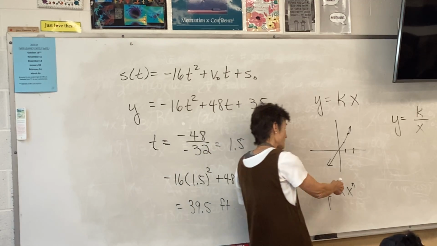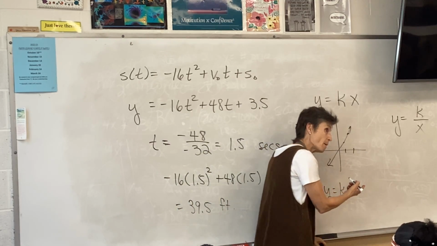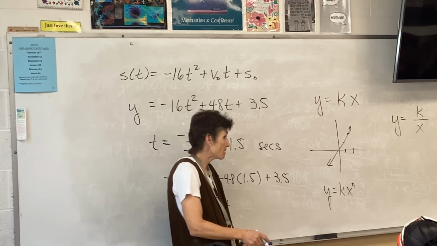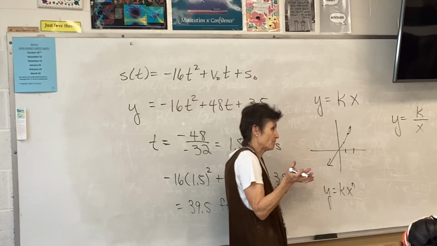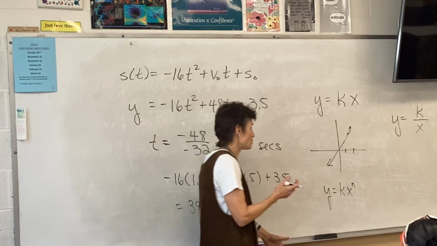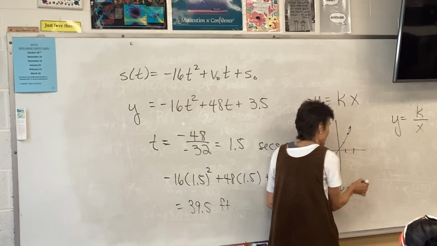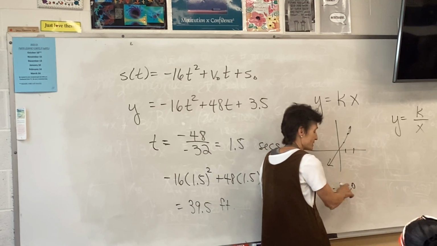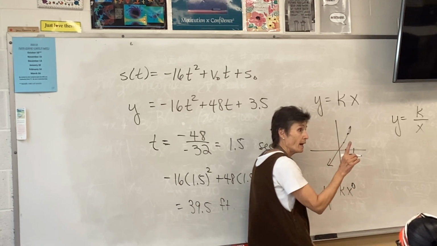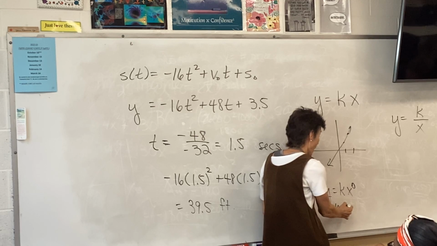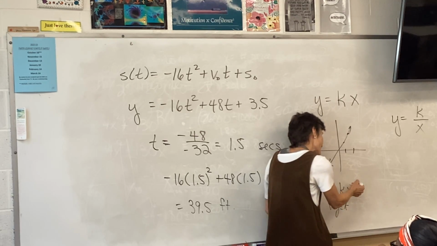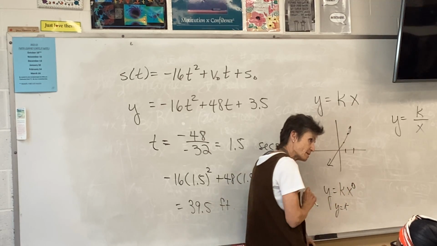So the n here can be a positive number, it can be a fraction, it can be a negative number, it can be anything except 0. Because what happens if that happened to be 0? What's something to the 0 power? 1. So this would just be y equals k. It wouldn't be an x anymore. So this can be anything you want it to be, but it can't be 0.